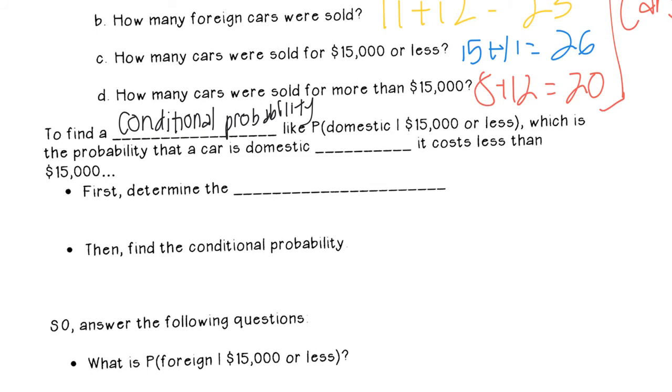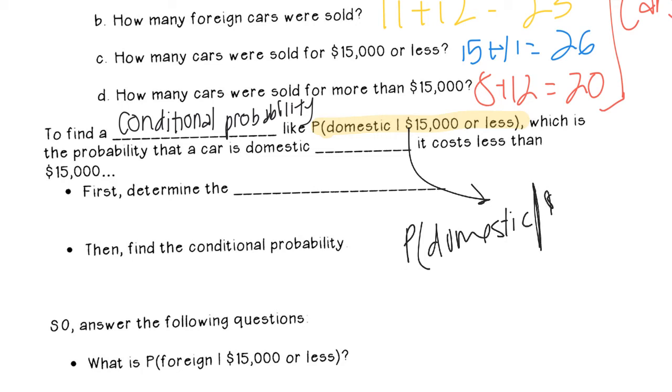But remember here, before we go ahead and answer this question, I told you we were going to talk about this notation a little bit more. So if we look over here, we have P domestic, and then this up and down line, and then it says 15,000 or less, right? This line here means given.